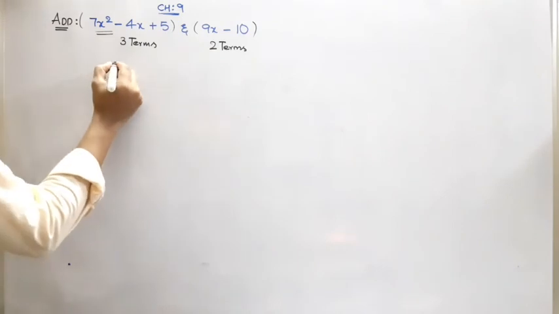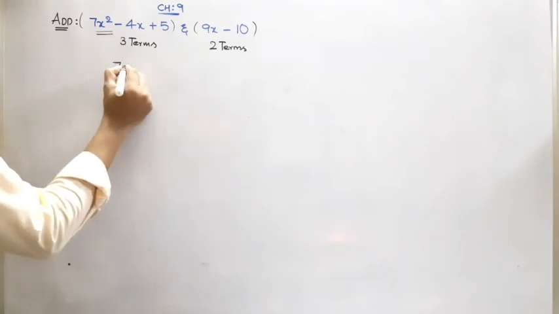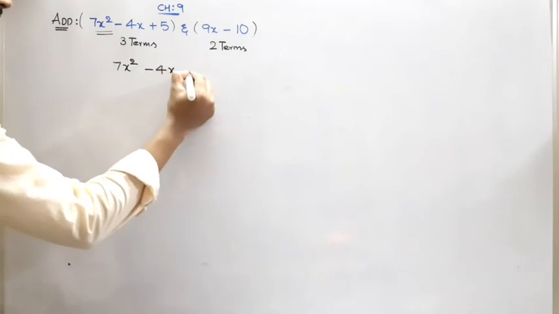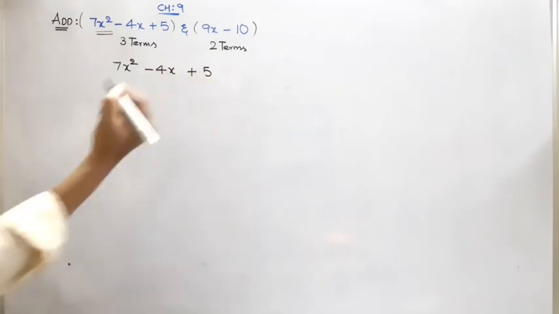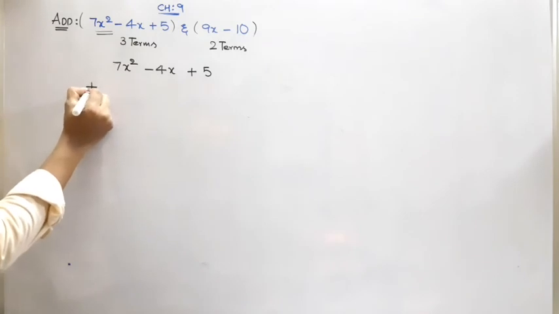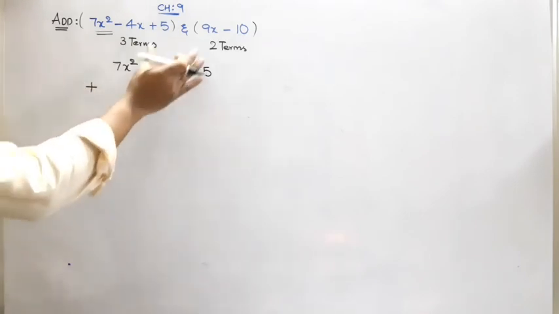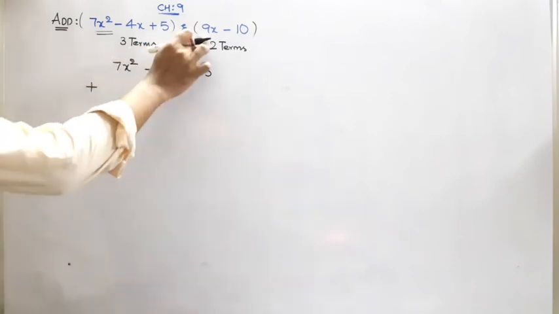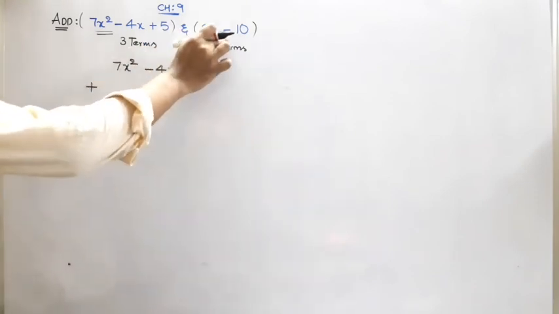Look, so the first expression is 7x square minus 4x plus 5. Okay, so as we have to add, now write the like terms in columns. Here we don't have an x square term in the second given algebraic expression.